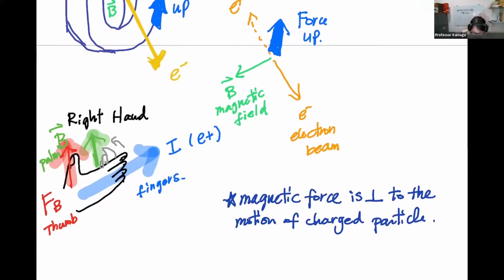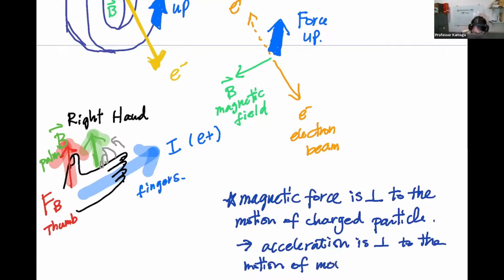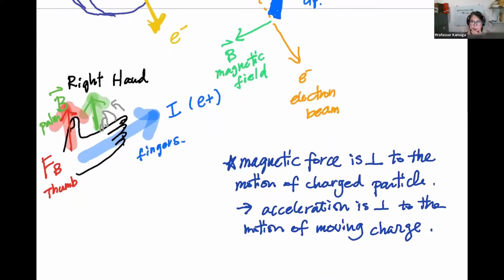So that means if the force is applied perpendicular to the motion, right? That also means that the acceleration is perpendicular to the motion of the moving charge. If the acceleration is perpendicular to the moving charge, then what happens to its speed? Do you see any change in its speed?